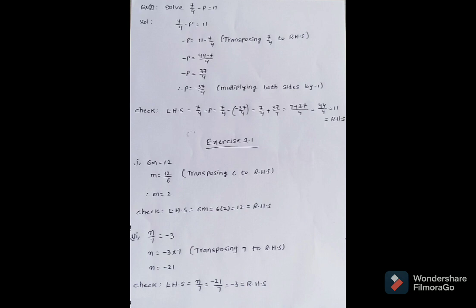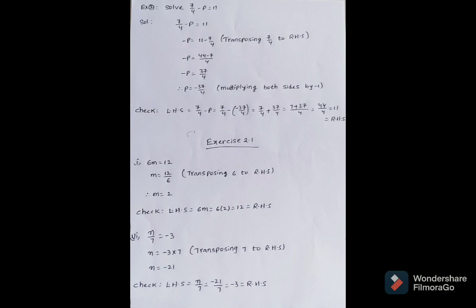Multiplying both sides by minus 1, we get p value equal to minus 37 by 4. The solution of the given equation 7 by 4 minus p equal to 11 is minus 37 by 4. Let us check. LHS equal to 7 by 4 minus p. 7 by 4 minus, what is p value? Minus 37 by 4.